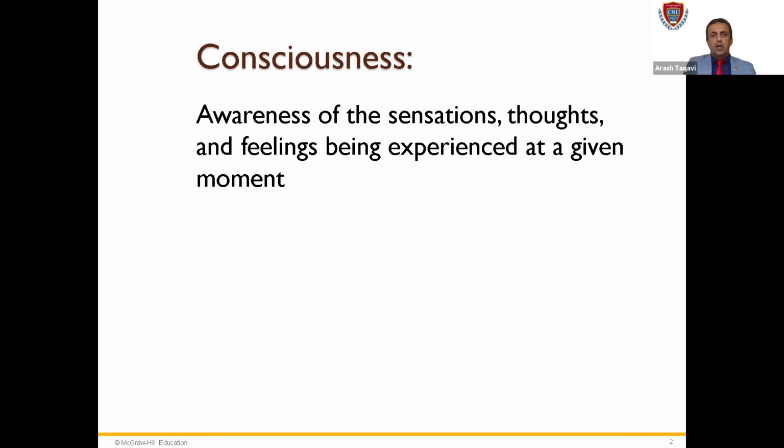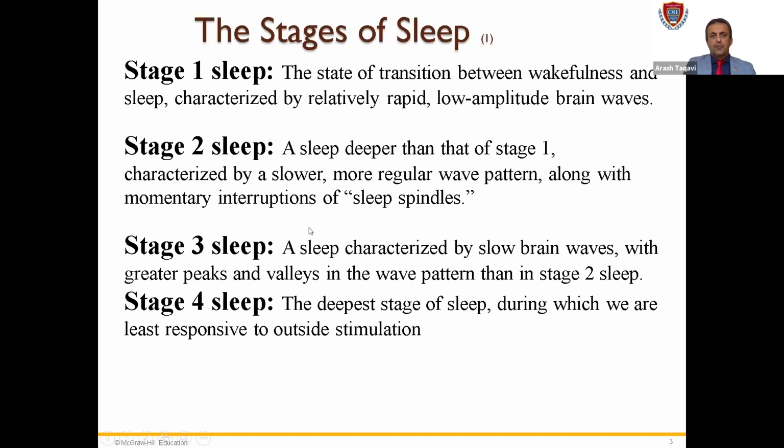For example, awareness of your thoughts, awareness of your feelings, awareness of your body, awareness of your sensory sensations, with your sensory receptors. Not the awareness of receptors, but of your sensations being experienced at a given moment. It's a very basic, simple definition of consciousness.